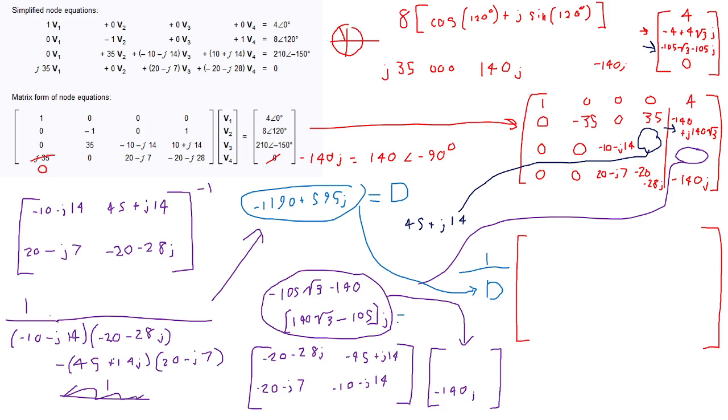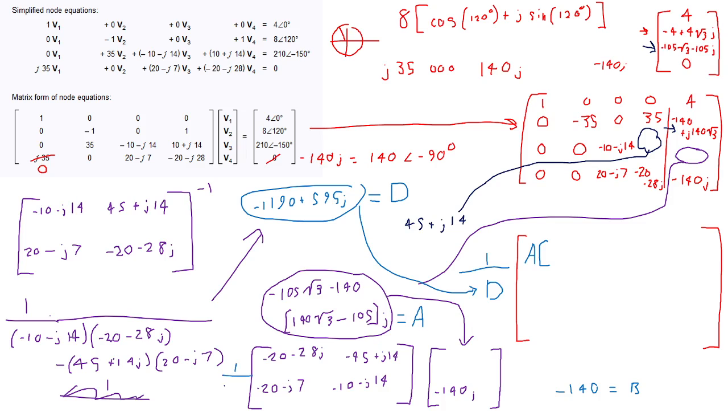Okay, we're going to call this value capital A. And we're just going to call negative 140 capital B. Okay, this is going to be 1 over D times A. I'm now just multiplying.